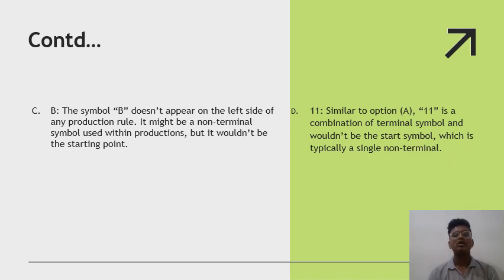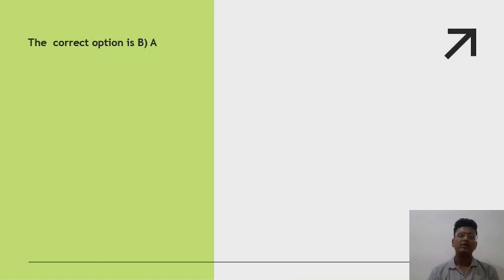It might be a non-terminal symbol used within the production, but it wouldn't be the starting point. And option D states 1 1, which is similar to option A. 1 1 is a combination of terminal symbols and wouldn't be the start symbol, which is typically a single non-terminal. So the correct option is B, which is A.